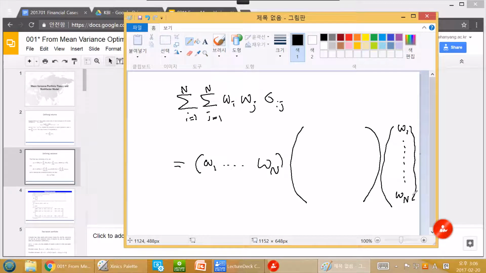This one, and then this one is sigma 11, sigma 12, sigma 21, sigma 22, and so on, and then this is up to sigma N minus 1 N, right? And you can easily check that they are the same. Yeah, they are the same.